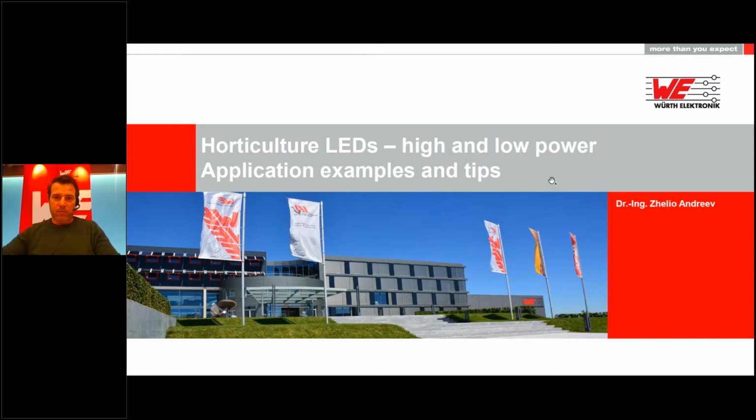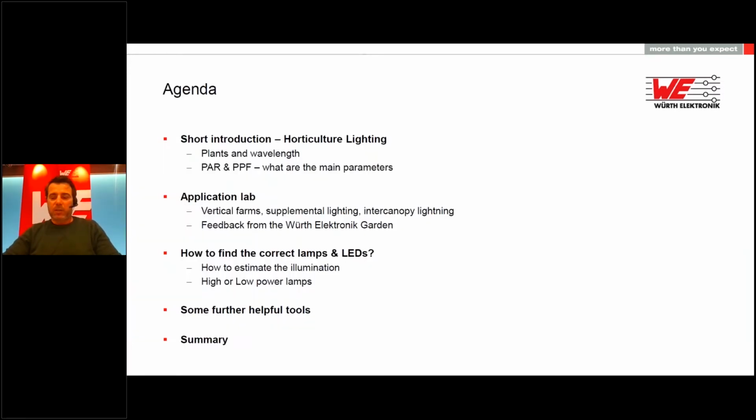First of all, a short agenda of what we are going to talk about here. I would like first to introduce a little bit of horticulture lighting, the main parameters and what plants are interested in. Then we will go over some information from our application lab: what types of applications there are, what we have seen in our own Würth Elektronik garden, and how this benefits us.